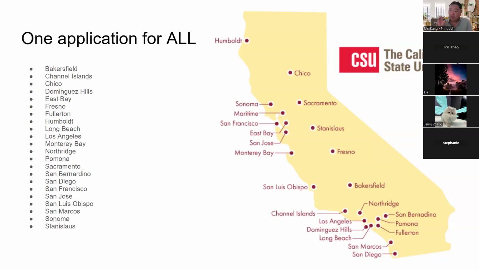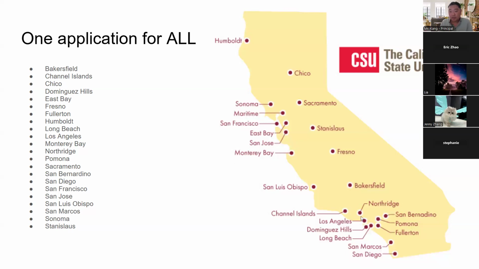There's a thing we call a home school, where depending on your residence address or your school address, there's a home Cal State University. Let's say you live somewhere near LA.